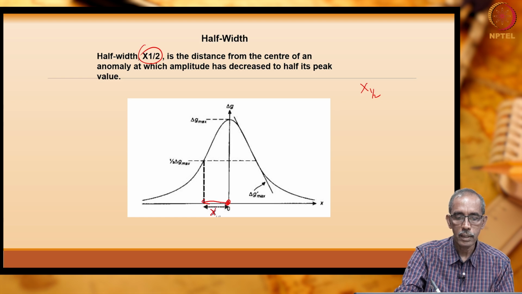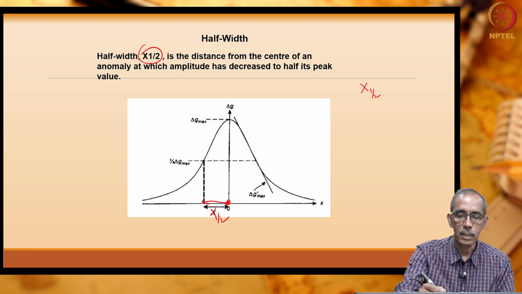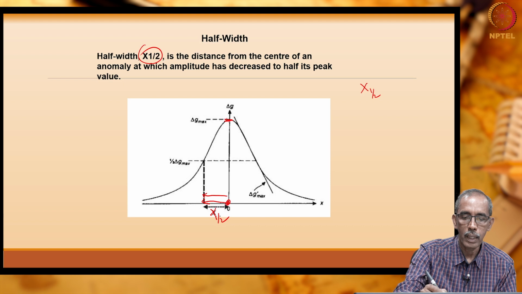This is known as x half. So, this is the maximum anomaly, and the distance at which the maximum anomaly decreases to half of it.